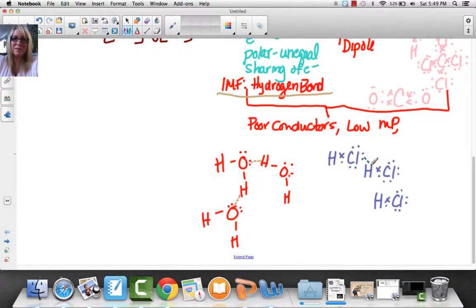So my dipole exists between the molecules. So there's my dipole-dipole. So when we talk about intermolecular forces, that's what we're talking about. And London dispersion forces would be very similar.